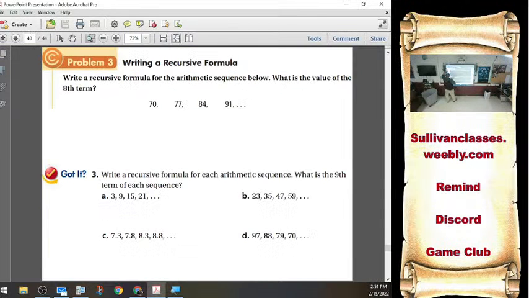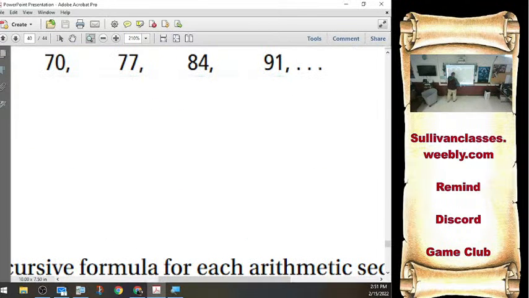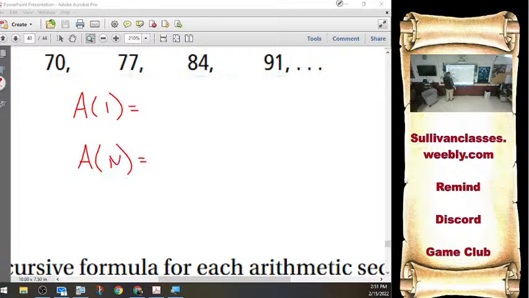Recursive, explicit. Okay. They want you to write it like this. God, that's so dumb, though. I mean, I suppose it gets you ready for rate x plus start, mx plus b.